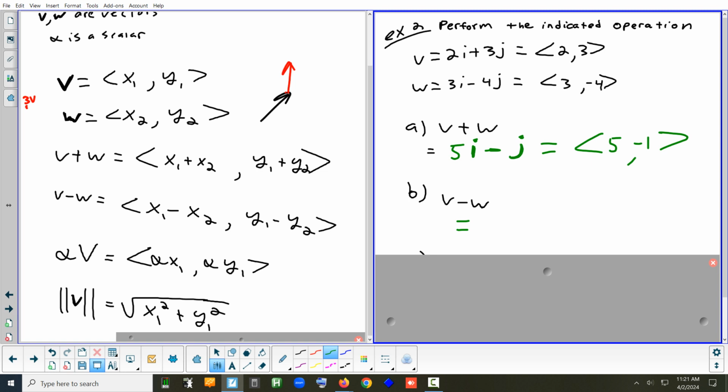Yep. So negative i. And the j component. 7j. 7j, because it's 3 minus negative 4. And in the notation we learned yesterday, what would that look like? Yep, good. Negative 1, 7.